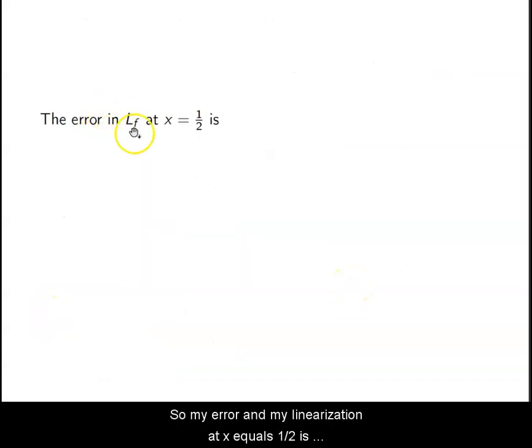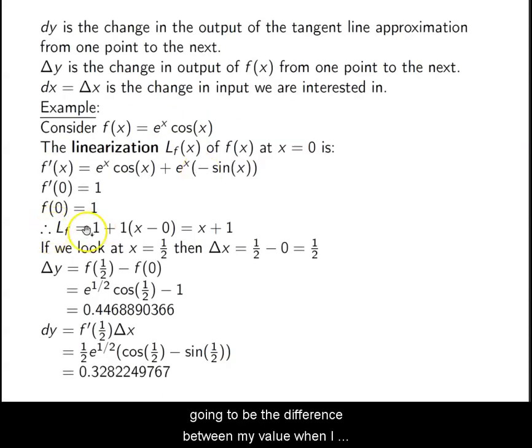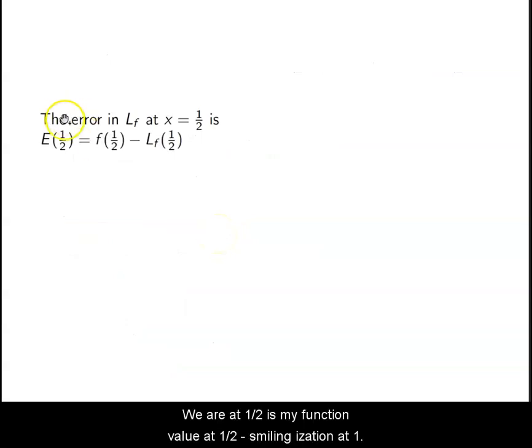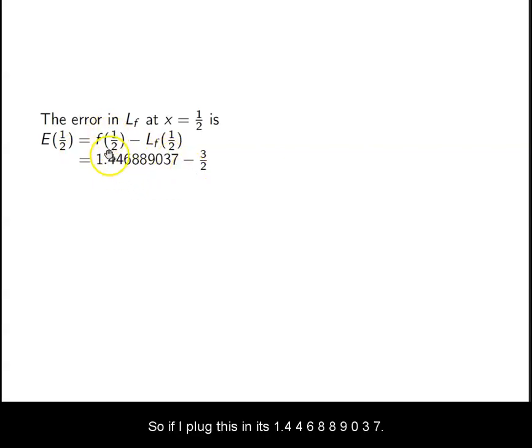So my error in my linearization at x equals 1/2 is going to be the difference between my function value at 1/2 and my linearization at 1/2, which is e to the 1/2 cosine 1/2 minus 3/2.